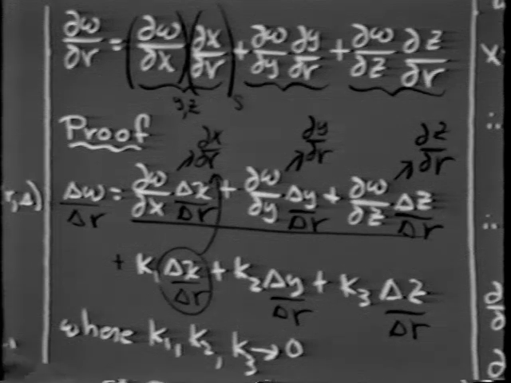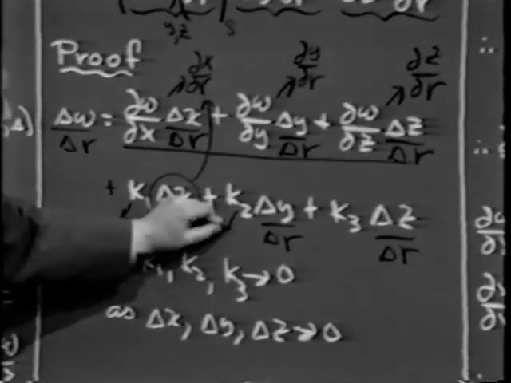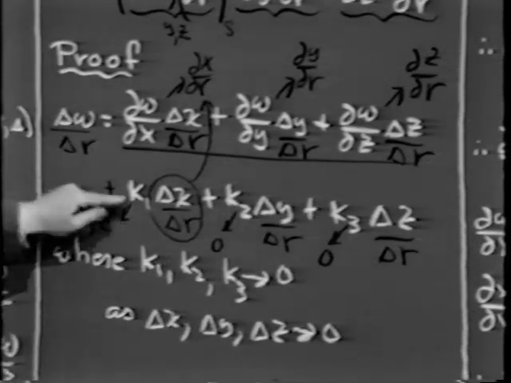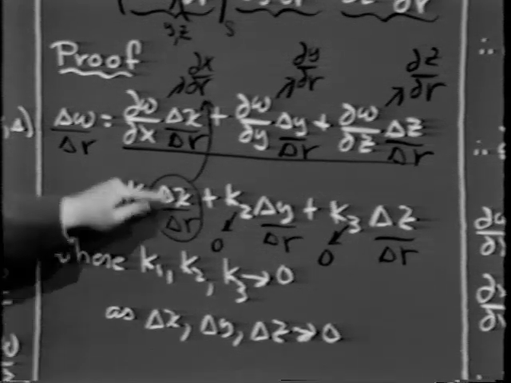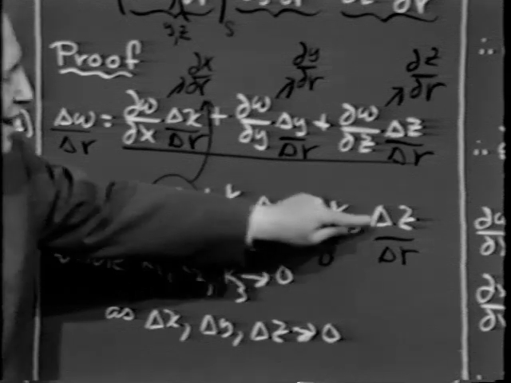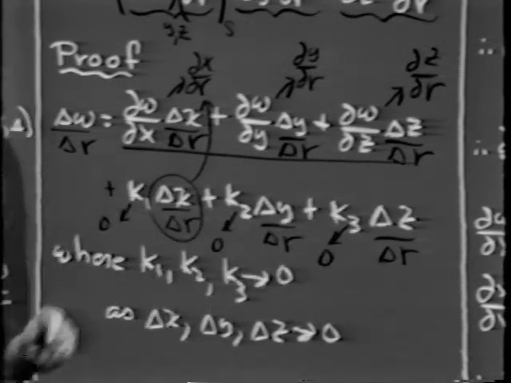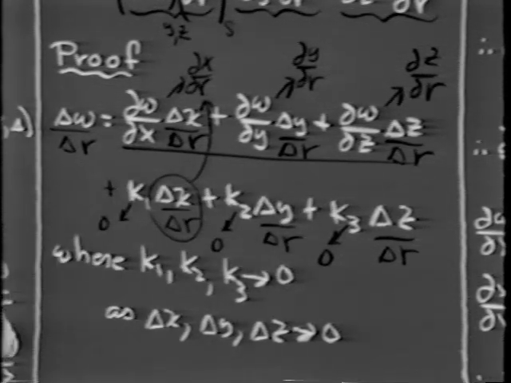That as delta x, delta y, and delta z approach 0, each of the k's approach 0. You see, the reason that the error term becomes negligible, becomes 0 in the limit, isn't because delta x, delta y, and delta z are becoming small, because these small numbers are being divided by another small number. It's because the k1, k2, and k3 are getting small.